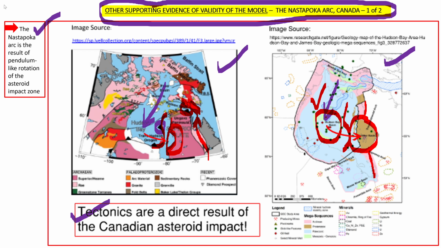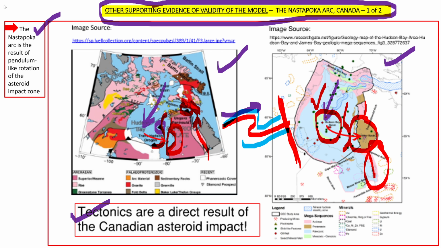So below, to the south of this zone, is Lake Superior, which I claim is a drag fold. It's like this, and it actually gets truncated in the same direction as this. So it's all related. The pendulum-like motion came this way and caused the drag fold of Lake Superior. So the lake itself is in here and then it gets truncated.